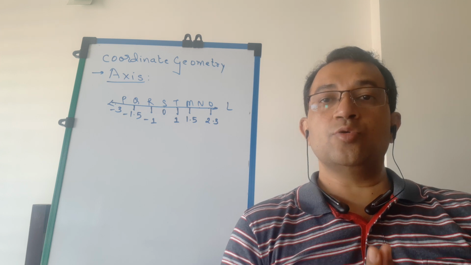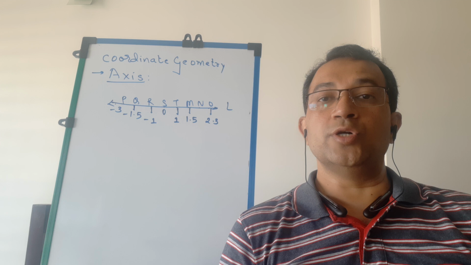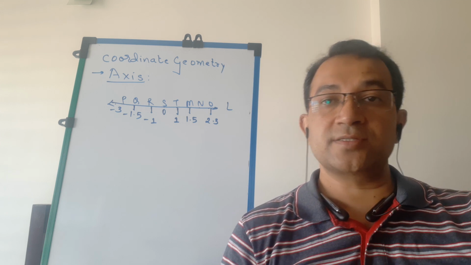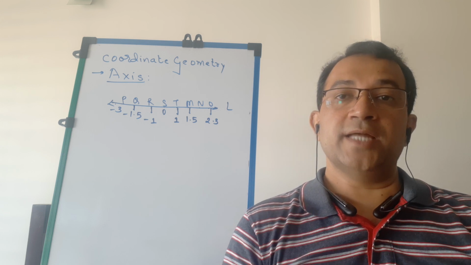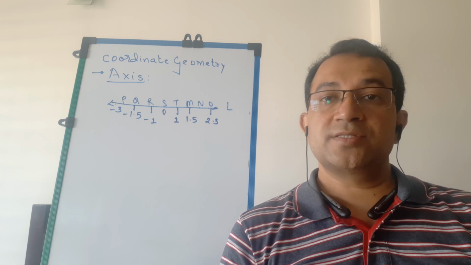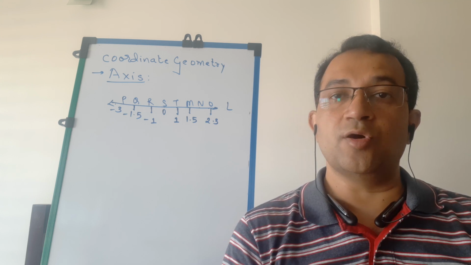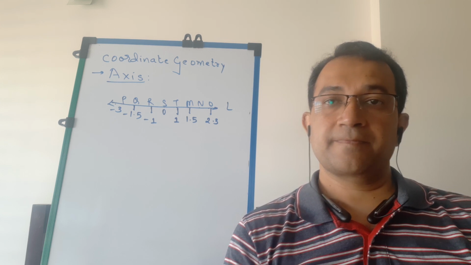These coordinate axes are called rectangular coordinate axes. Why rectangular, students? Because x-axis and y-axis intersect at 90 degrees. And that is why when you take x-axis and y-axis, that system of coordinate axes is called rectangular coordinate axes.